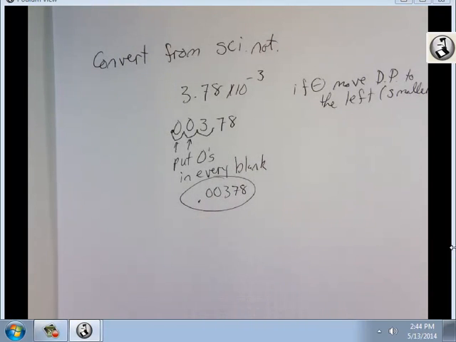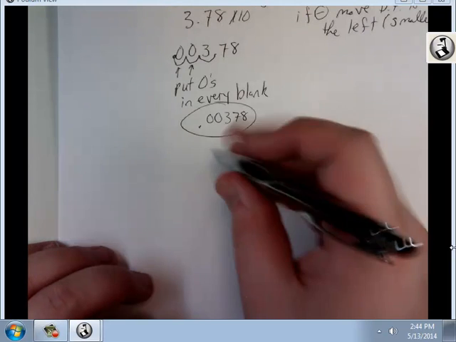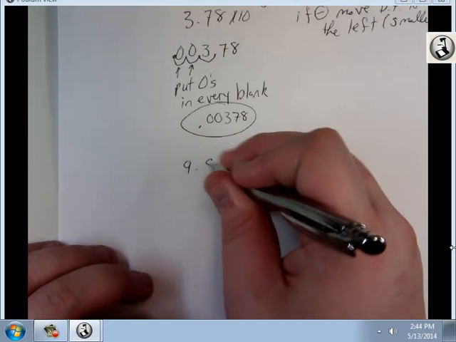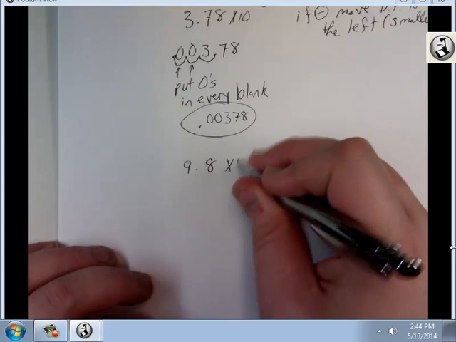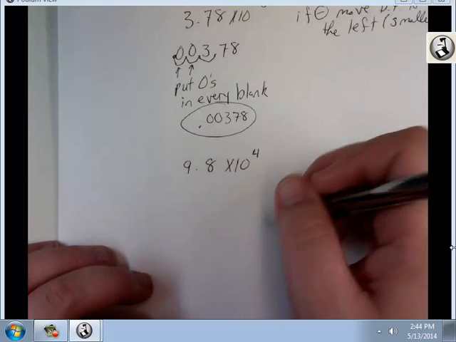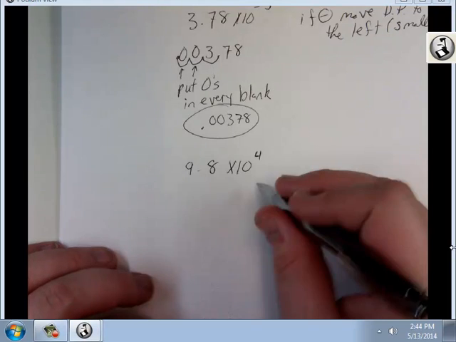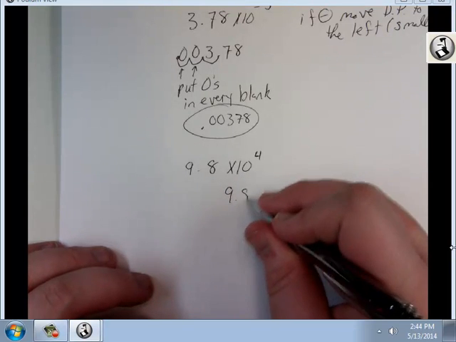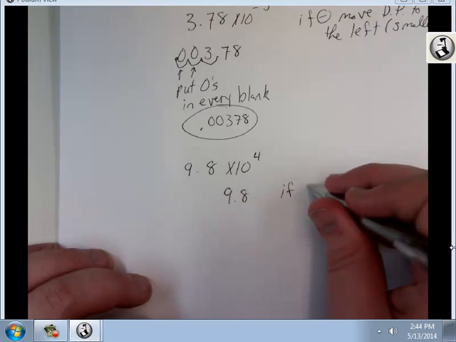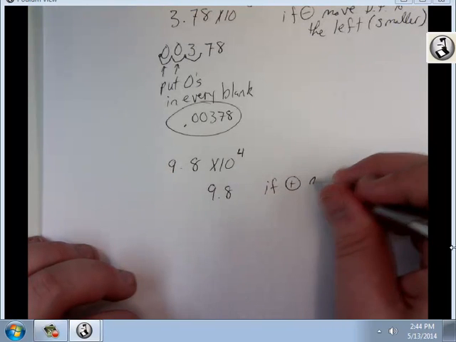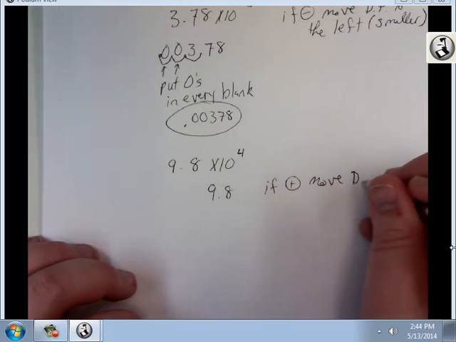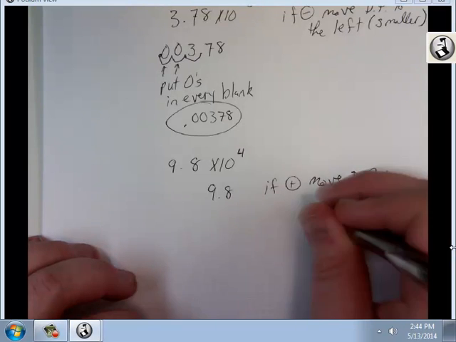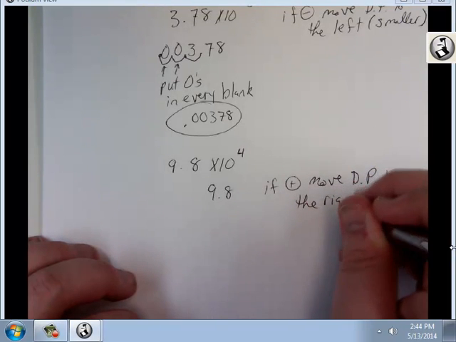Now let's do another one. Let's do 9.8 times 10 to the 4th. So I'm going to take my 9.8, and if positive, move the decimal point to the right, which makes it bigger.